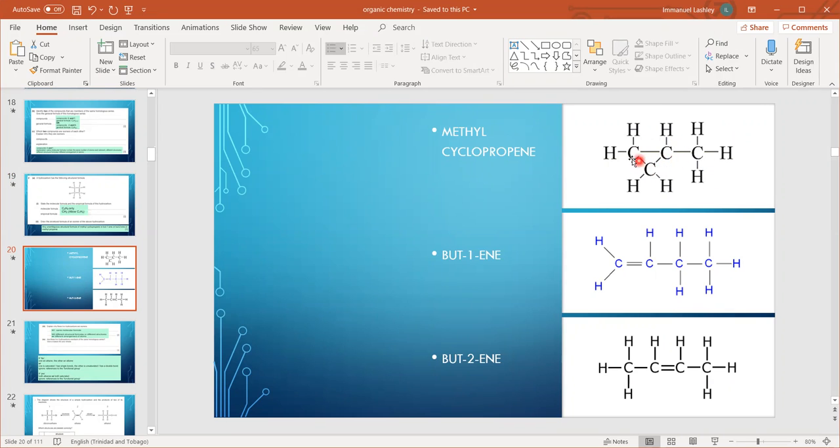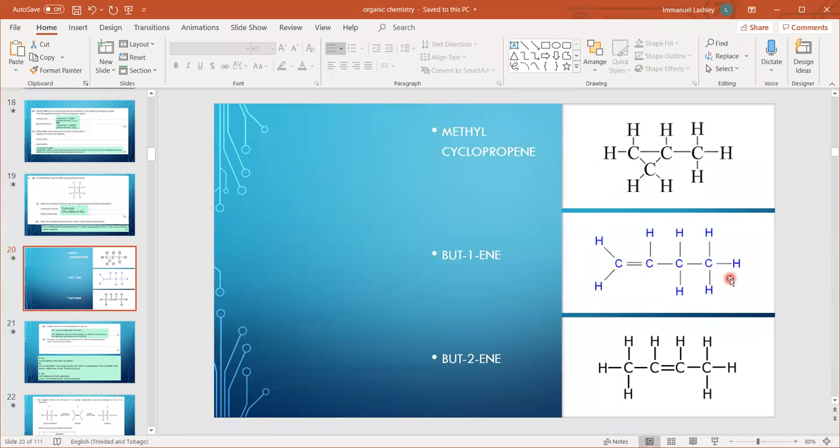There are 1, 2, 3 bonds present. Now, this here is a cyclopropane. When we come to cycloalkanes and alkenes, I'll explain this further. However, when we go down here, the next option we have is but-1-ene.